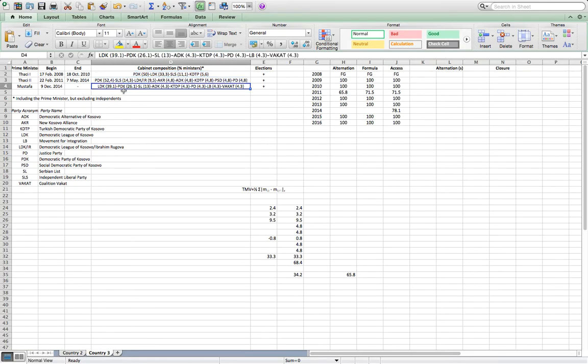We also have that PDK, ADK, KTDP and PD were together in government before in 2011. Here we have a conflictual, let's say, familiarity. We have a familiar formula of 3 parties that were together in government in 2008, and 4 parties that were together in government in 2011. Which one do we choose?